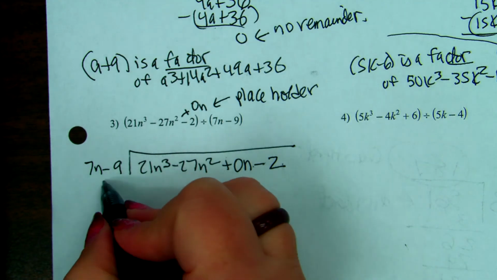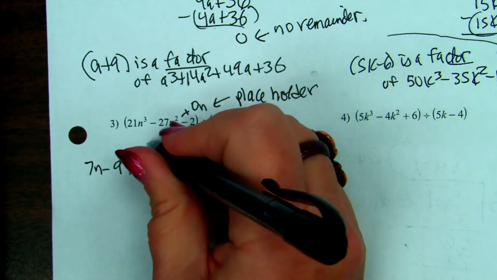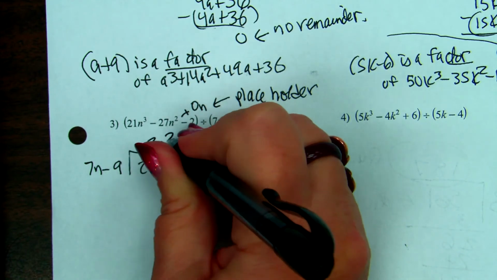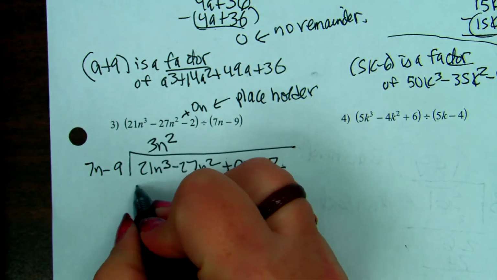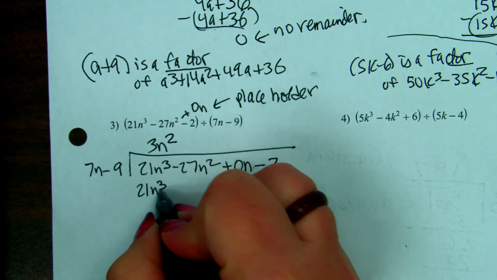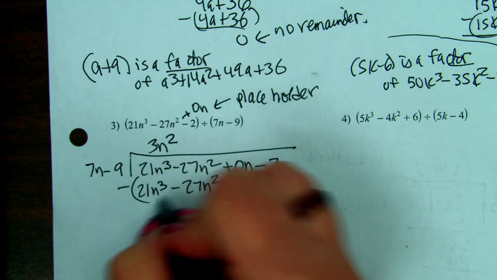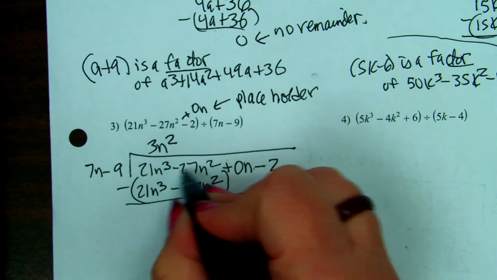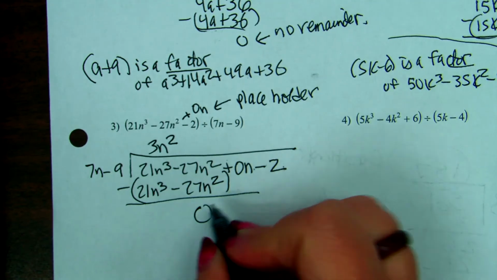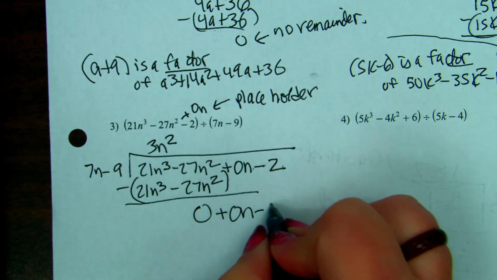So 7n goes into 21n cubed 3n squared times. We multiply and we get 21n cubed minus 27n squared. We subtract, and 21 minus 21 is 0. Negative 27 plus 27 is 0. So we get plus 0n minus 2.